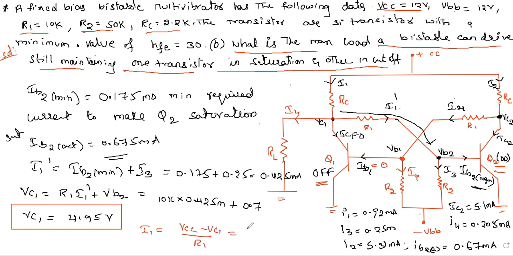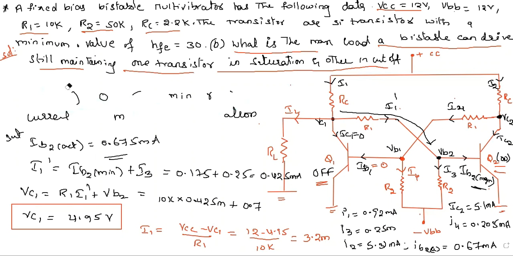That is 12 minus 4.95 divided by 10K, approximately 7 by 10, so that is about 3.2 milliamps. Previously I1 was 0.92, and I1 dash is now 0.425, while I1 is now 3.2. Clear?